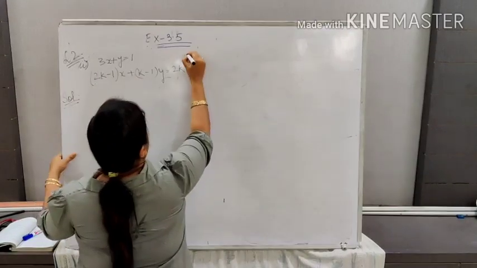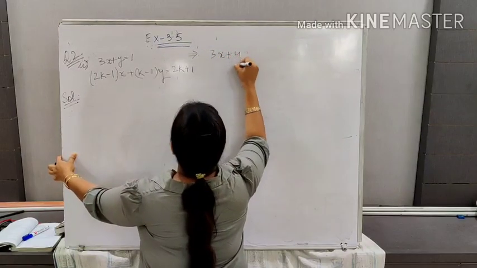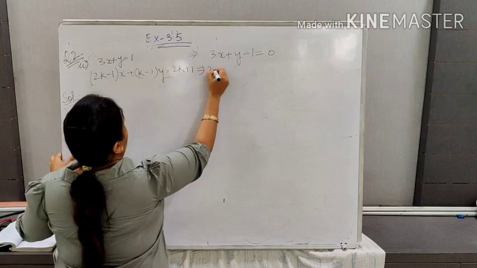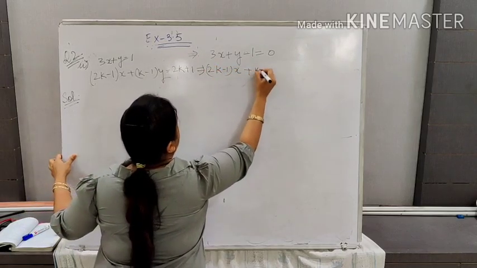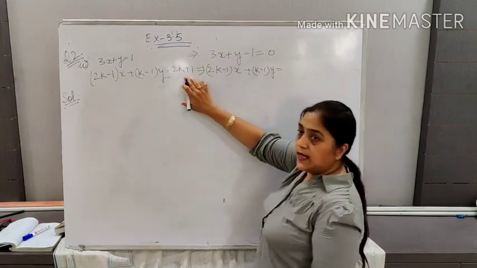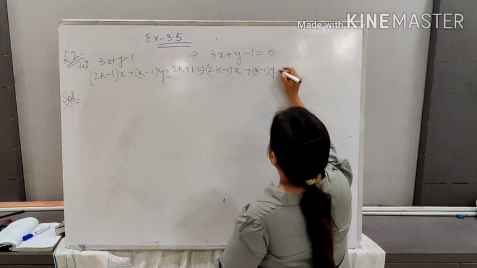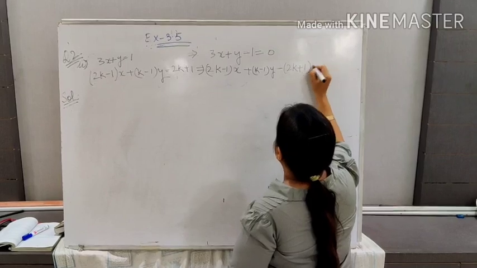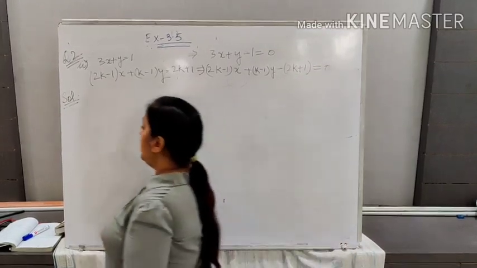So first of all, you will write in the standard form. It is 3x plus y minus 1 is equal to 0. And what about this? It is (2k minus 1)x plus (k minus 1)y, again 2k plus 1. The constant is having two terms. What I told you people, make a group of it and bring the whole group together. So it is minus of bracket 2k plus 1.